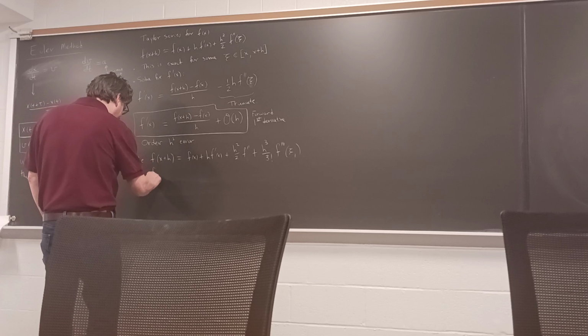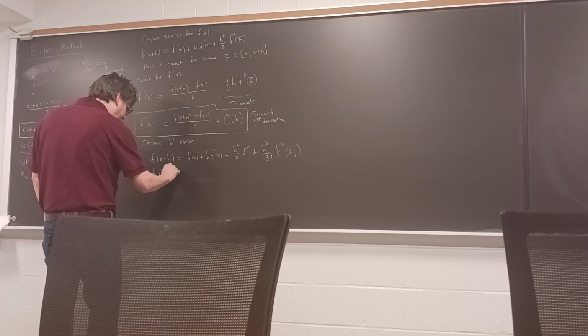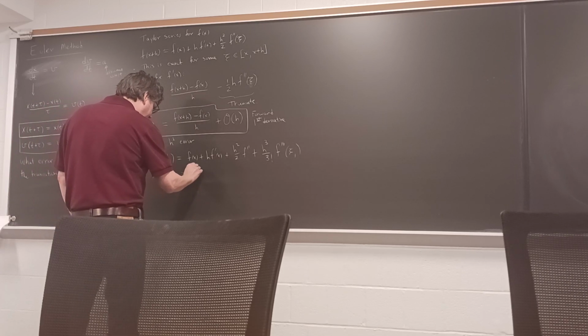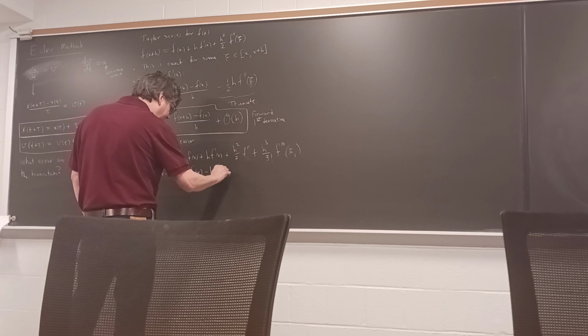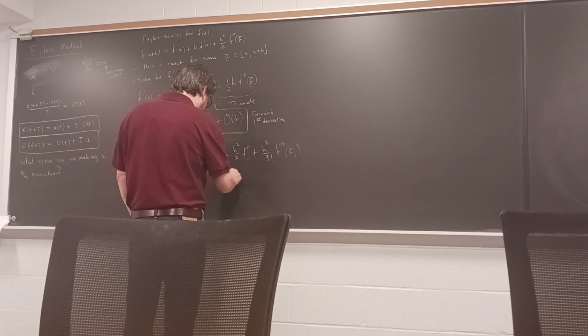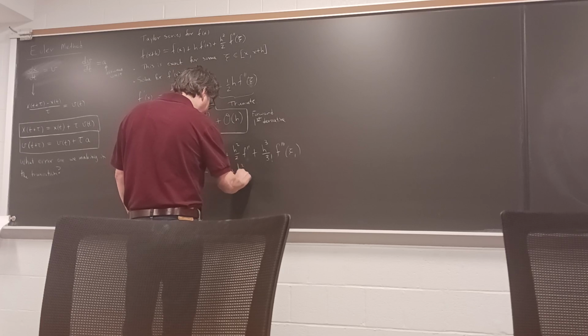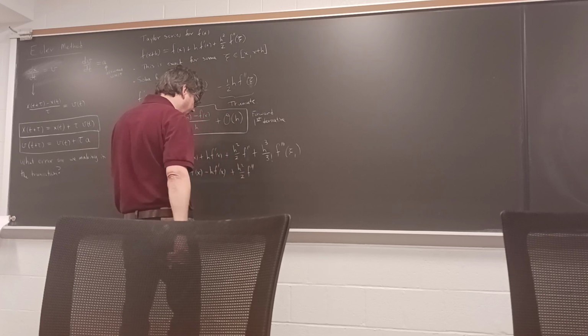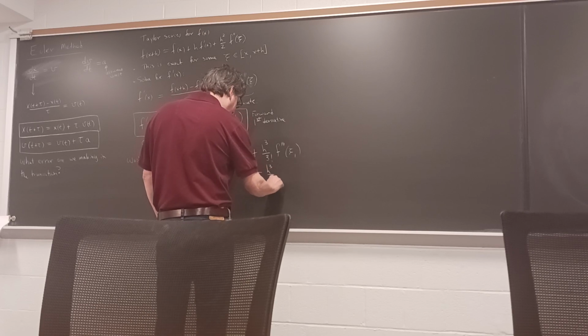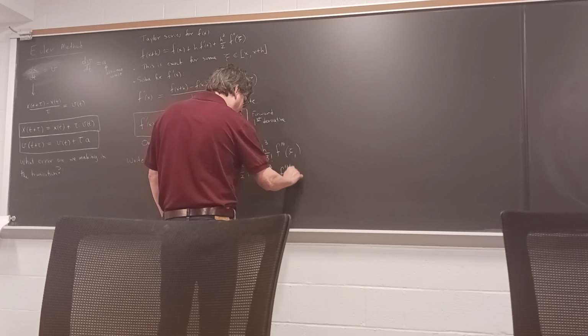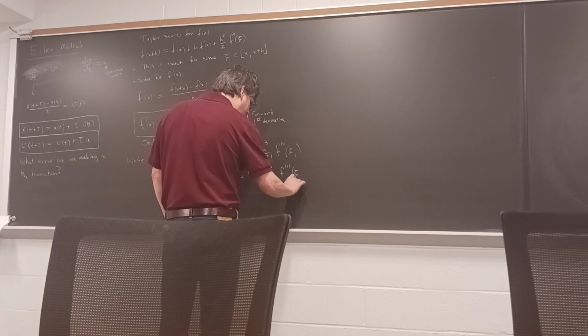Okay, and then let's do f of x minus h. So this is f of x minus h f prime of x plus h squared over 2 f double prime, and then minus h cubed over 3 factorial f triple prime of zeta 2.